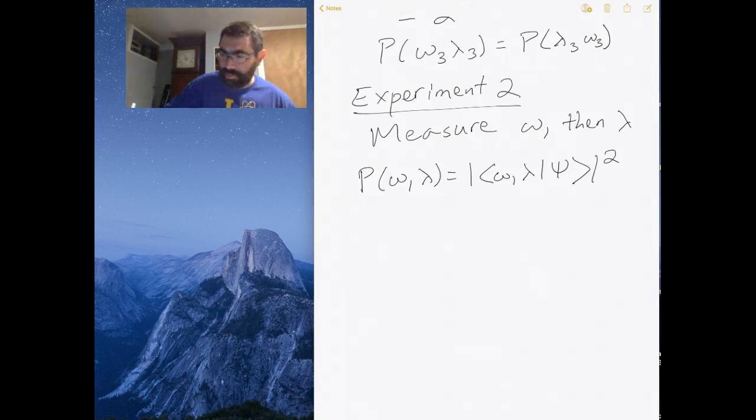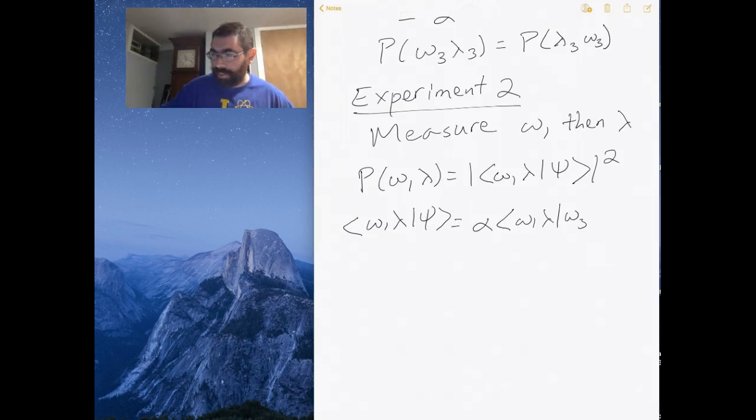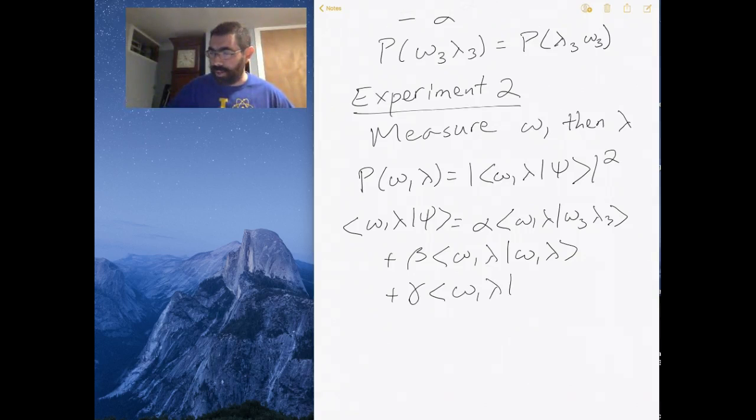In this case, the projection of omega 1 lambda onto psi would be alpha omega 1 lambda times omega 3 lambda 3, plus beta omega 1 lambda times omega 1 lambda, plus gamma omega 1 lambda times omega 2 lambda.